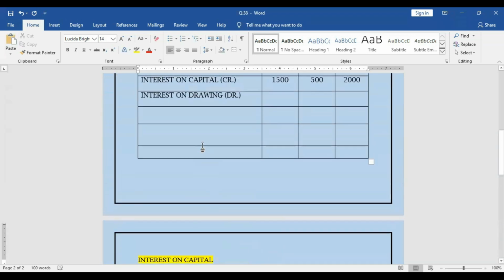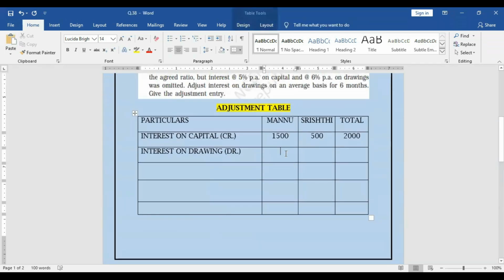So this we have to debit. Now it is a debit item, therefore we have to put it in brackets. Total.